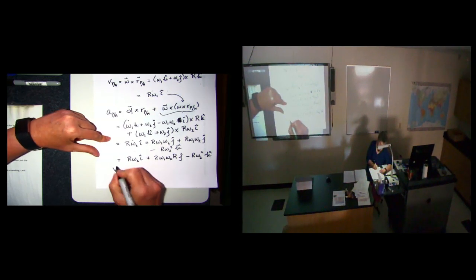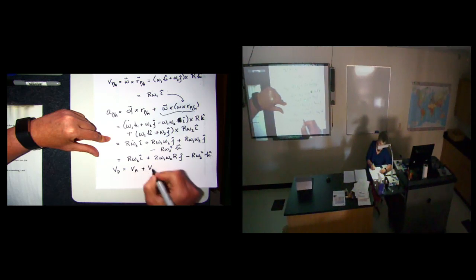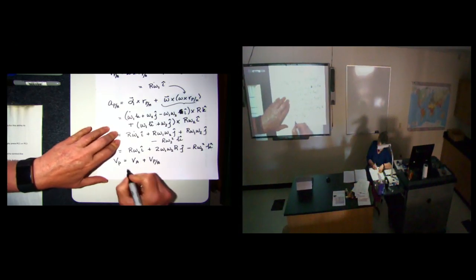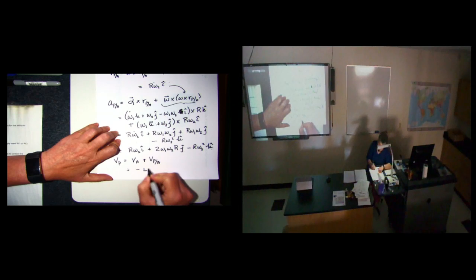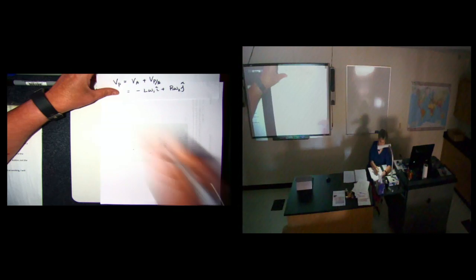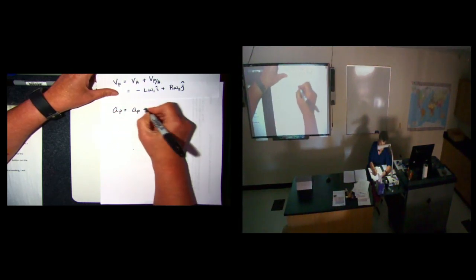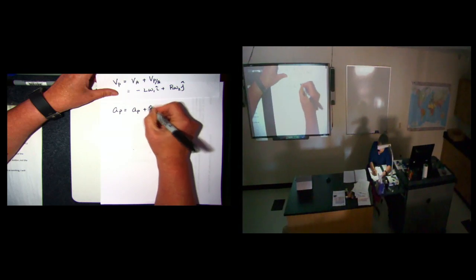And now the velocity of point P is just going to be the velocity of A plus VPA. And when I take those two things and add together, I get minus L omega 1 I plus R omega 2 J. And AP is going to be AA plus APA.